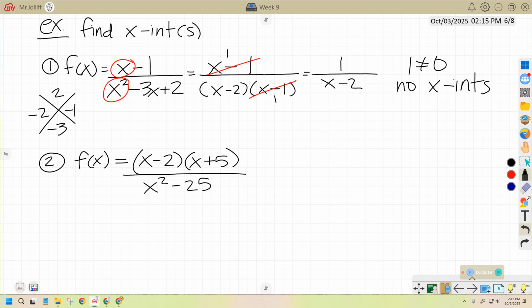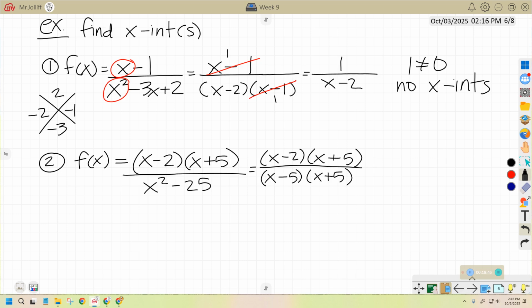I want to find the x-intercepts. What should I do first? Starts with an F. Factor. Very good. Top is already factored because I'm tired, because it's Friday. What does the bottom factor into? Very good.